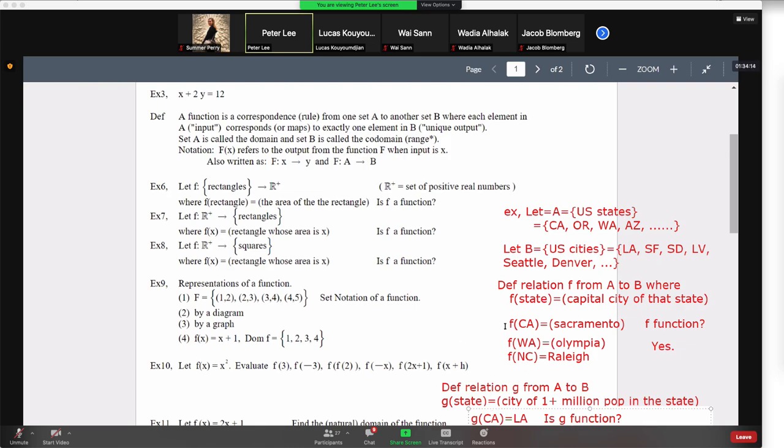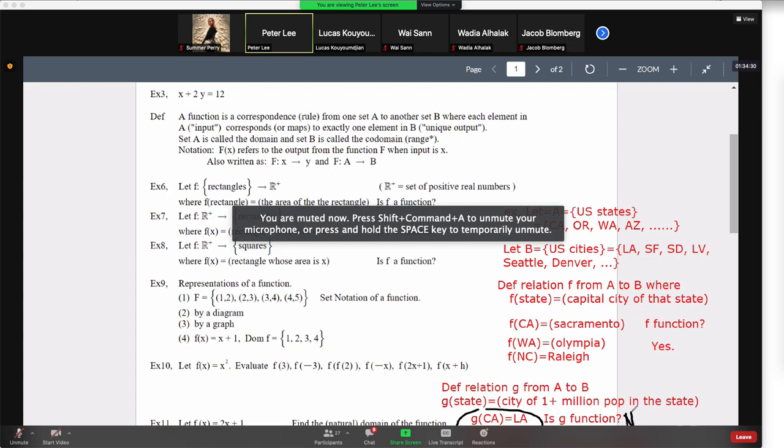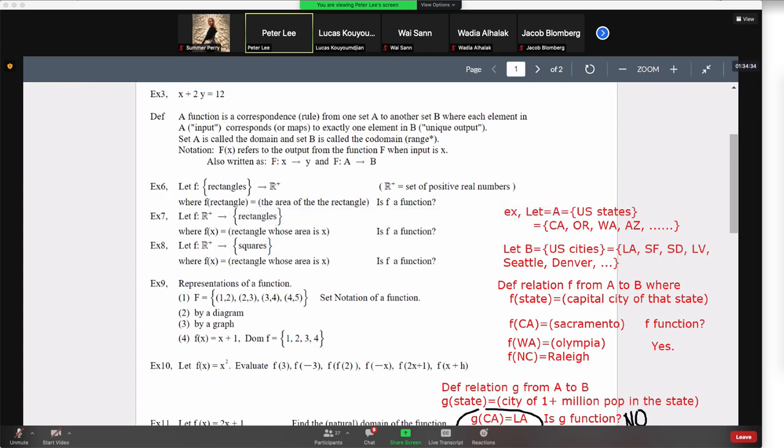Anyway, the reason why G is not a function is because of California. California obviously has many cities with more than 1 million population. Because of this, the answer is no. G is not a function. So if for one input there are two or more outputs, then it's not a function.